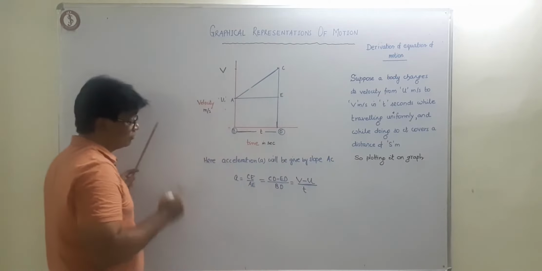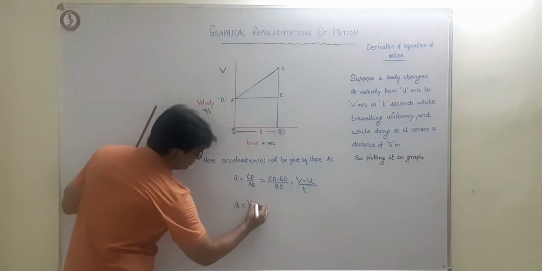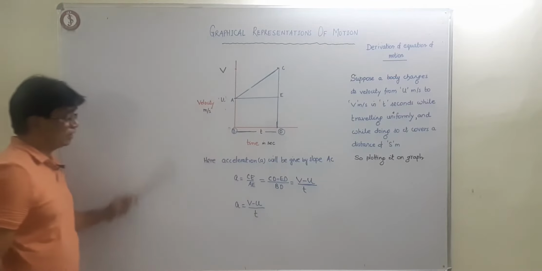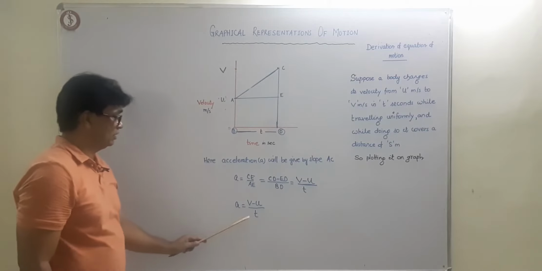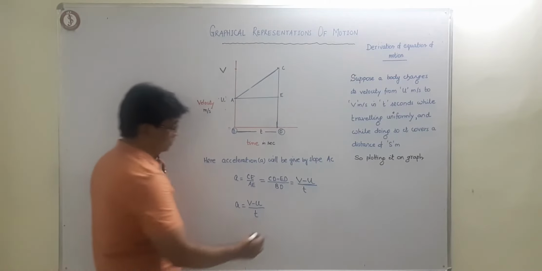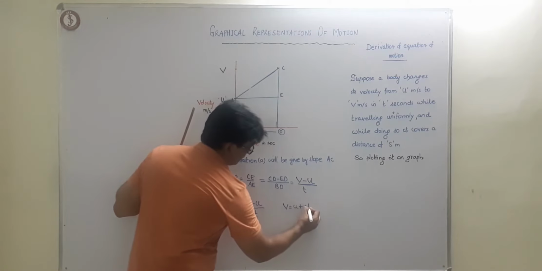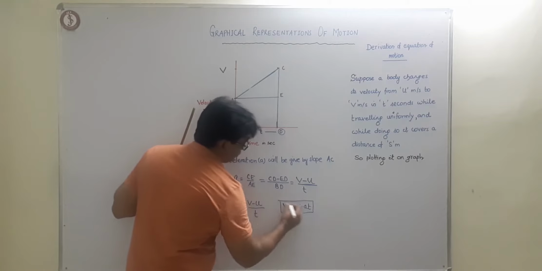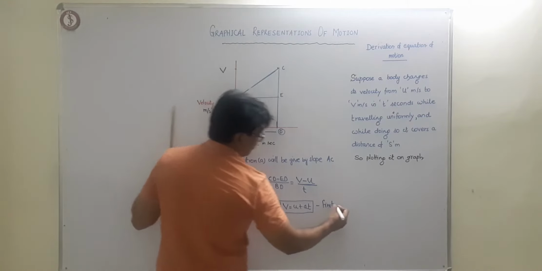So we have derived the first equation of motion, a equals v minus u by t. Sometimes I call it the user-friendly form. But when you put at over here and minus u goes to the other side, then you get v is equal to u plus at. So this is the first equation of motion derived.